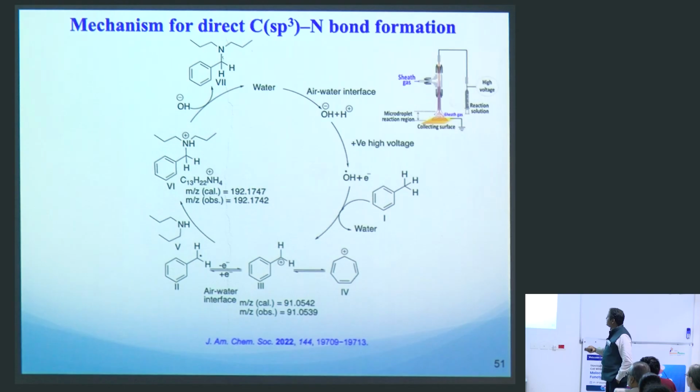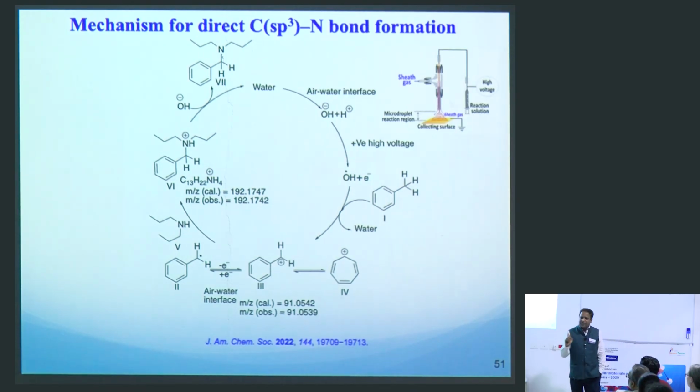Further, once we identified and proved the mechanism, this is how it goes. First, formation of a hydroxyl radical; this radical deprotonates and forms the benzyl carbon radical, and then loss of one electron forms the benzyl carbocation.